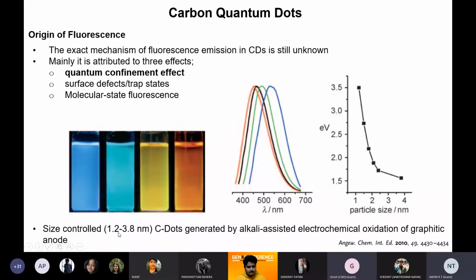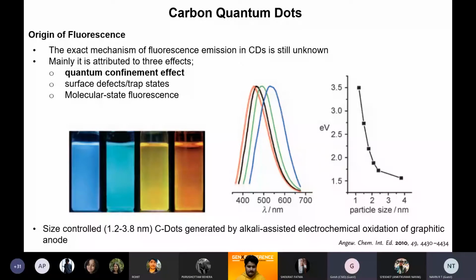So in this paper, what they did, they generated carbon dots using a very precise alkali assisted electrochemical oxidation. They used a graphitic tip as the anode, and they passed electric current. Because of the alkali present in the electrolyte, the graphitic layers present on the anode got oxidized and released into the solution.